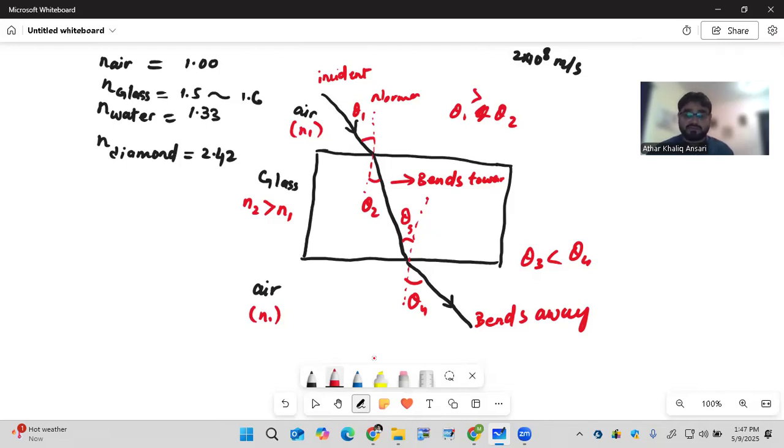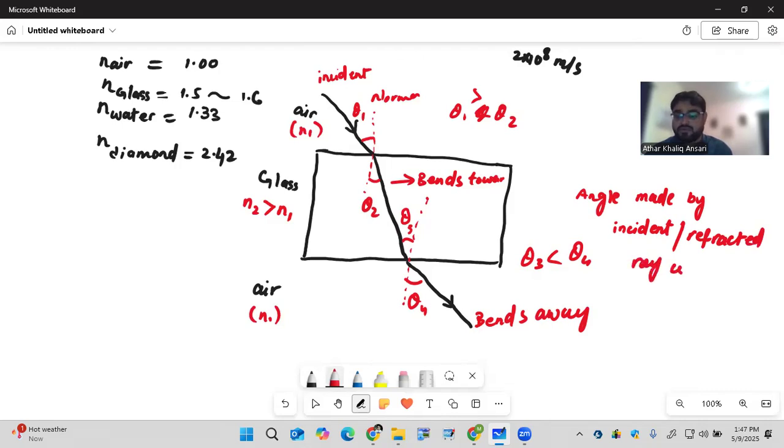So we can simply say that the angle made by the incident or refracted ray with the normal is always smaller in the high refractive index medium.